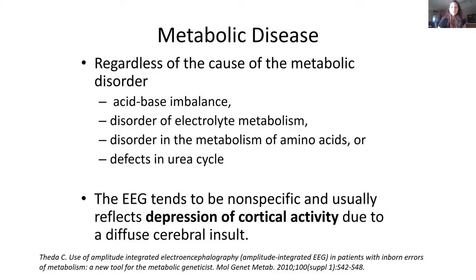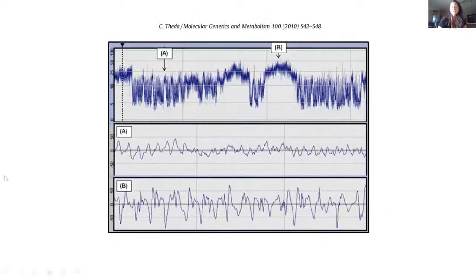So if you think about these metabolic babies as they present, if they're undiagnosed or late diagnosis in that first week of life, they begin to come in and they're just floppy and they're encephalopathic and they're almost always just really that low activity. So this depression of cortical activity goes along perfectly with that. The other thing that these babies oftentimes have that we know are seizures.